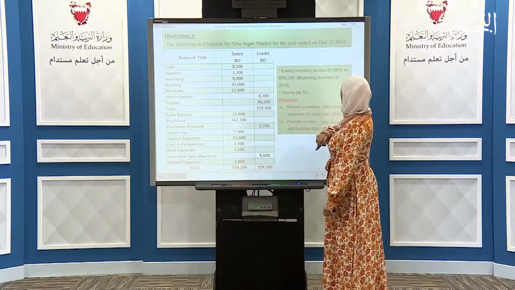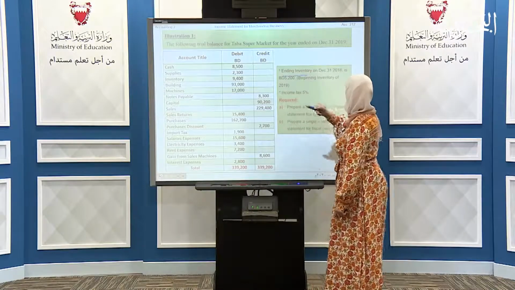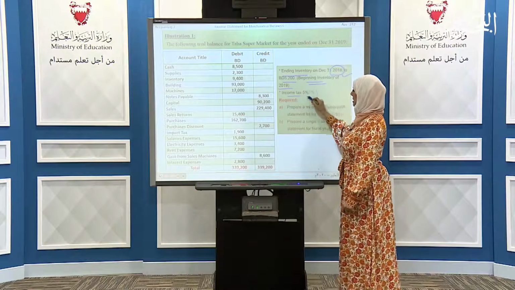The ending inventory on December 31st, 2018 was 5,200. As I know, the ending inventory in 2018 will be the beginning inventory for the second year, which is 2019. And also, they give me another piece of information that the income tax is 5%.